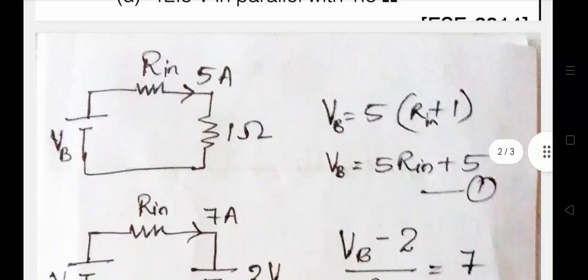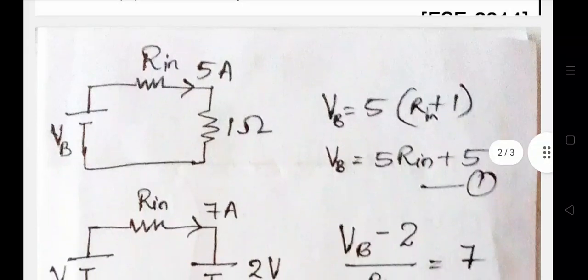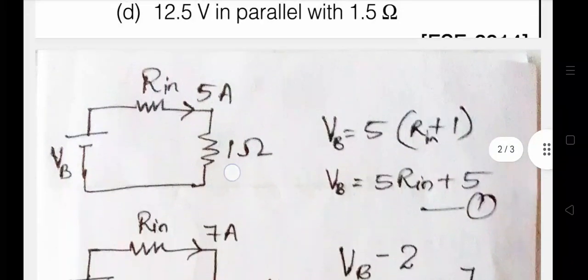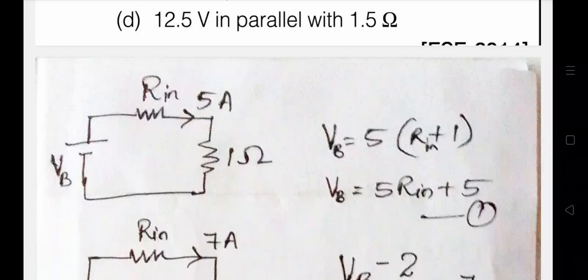Since it's a battery charger, I took the battery voltage as VB, and it is a practical one, so it has an internal resistance denoted by R in.